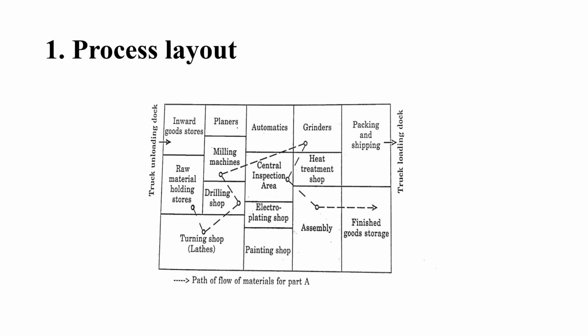You can see in the diagram, raw materials are brought in, and then it goes from the drilling shop to milling to grinding, and afterwards it goes for inspection and then for assembly. It is not having any sequence, it is jumping from one part to another according to the operations of the machines.